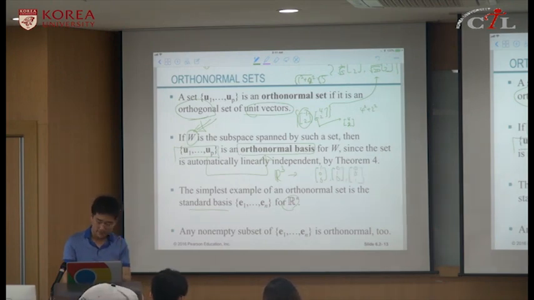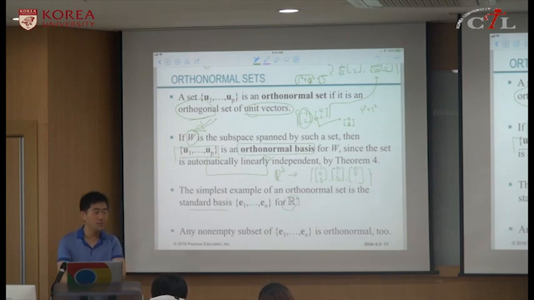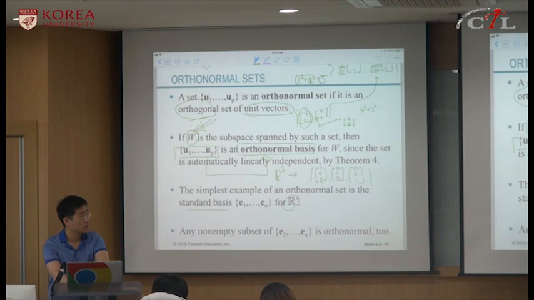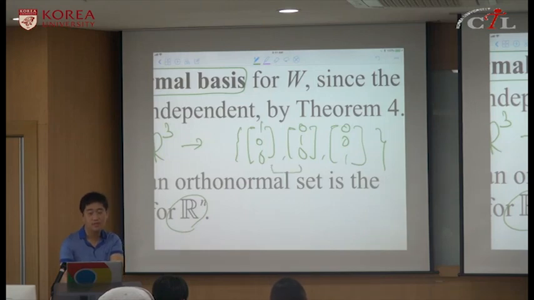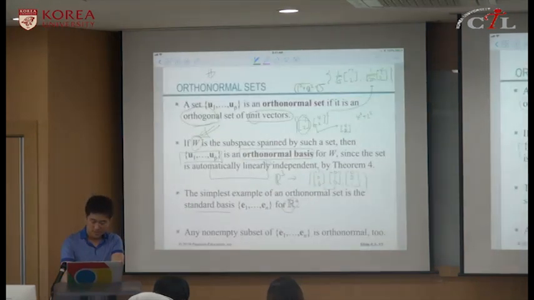In this case, they are actually an orthonormal set, because if we compute the inner product of any pair of the two vectors, it will be 0, because the non-zero entries do not overlap among these three vectors. And so the inner product between any two will be 0. And also, what about their length? Their length is always 1, right? And so this is actually an orthonormal set.